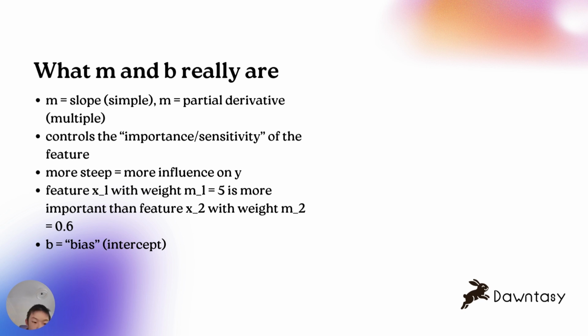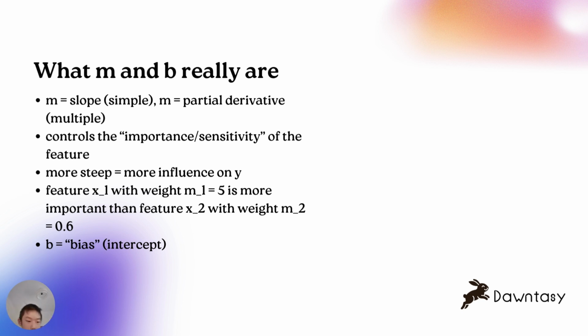But in machine learning, we can also see it as a control, as it controls the importance or the sensitivity of the feature. In which case, the steeper slope would represent more influence on y, because a smaller change in x would induce a large change in y.